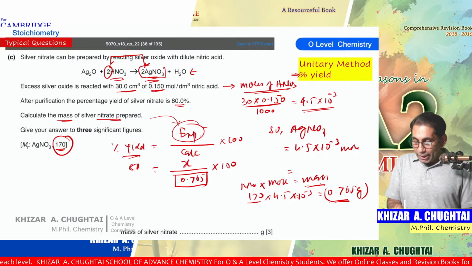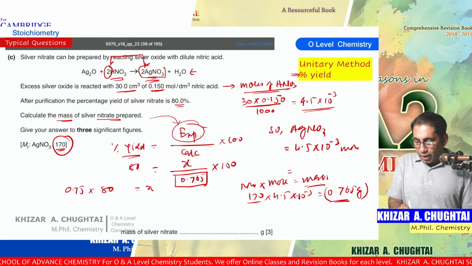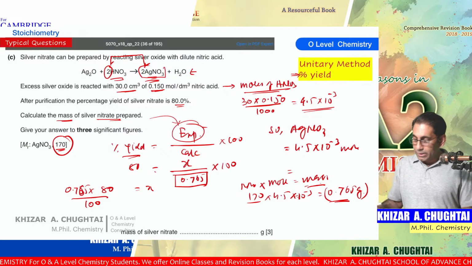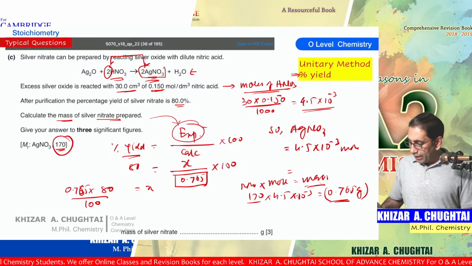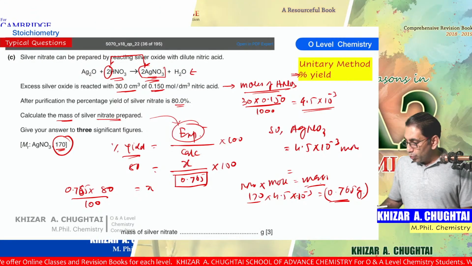So X will be 80 into 0.765 over 100. Yes. So 0.765 multiplied by 80 and divided by 100.